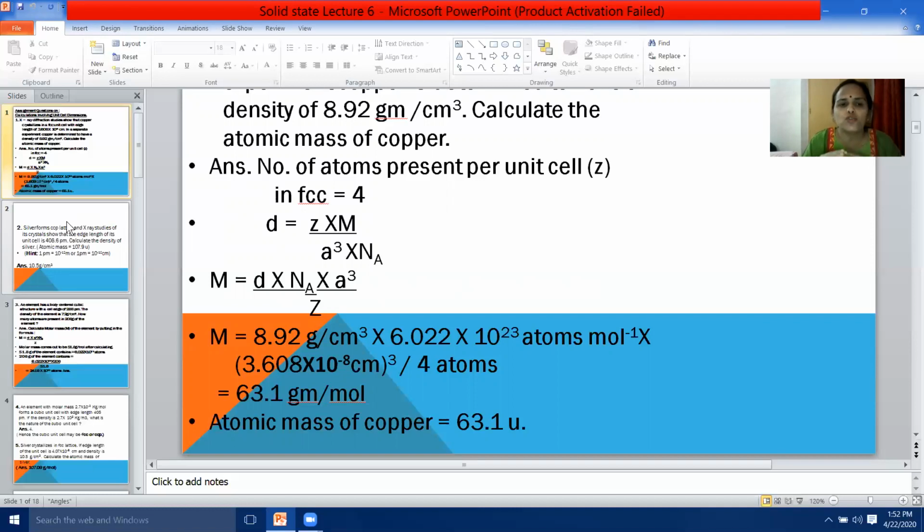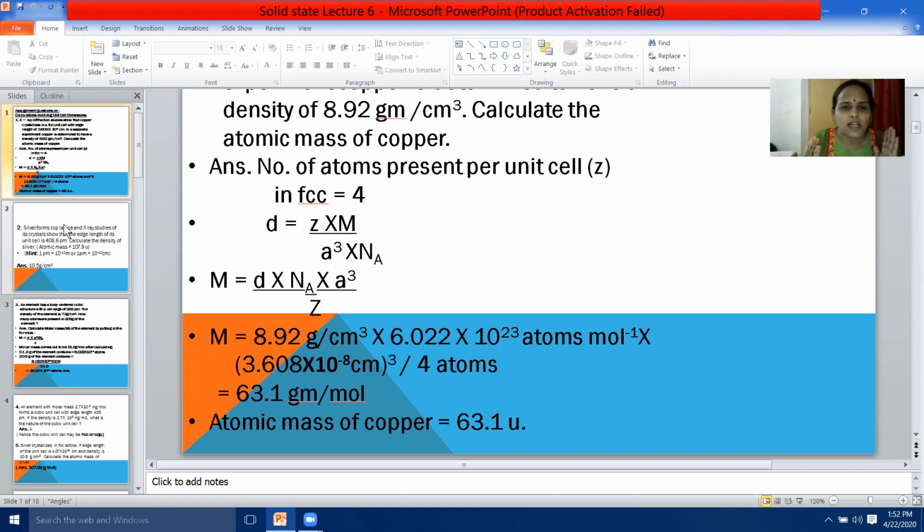So when we substitute the values, density is given here as 8.92 gram per centimeter cube. Avogadro's number is 6.022 into 10 raised to 23 atoms per mole. And the edge length is given here as 3.608 into 10 raised to minus 8 centimeter.